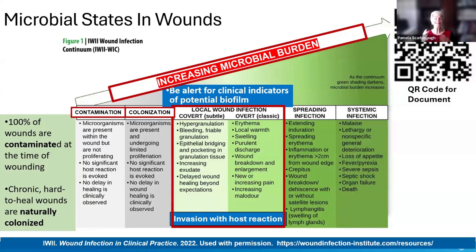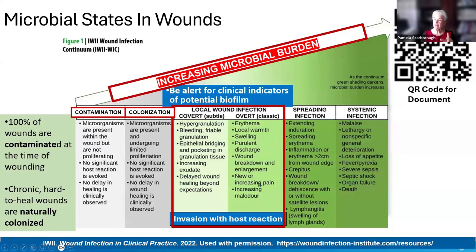Overt, these are your classic signs and symptoms of a local wound infection, with your erythema, your local warmth, the swelling, purulent discharge. This is where we're going to start using our topical antimicrobials, but there's certain constructs that you must build before you even put your topical antimicrobials on, and we'll talk about that in just a minute.